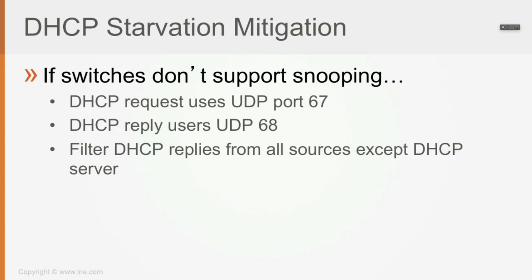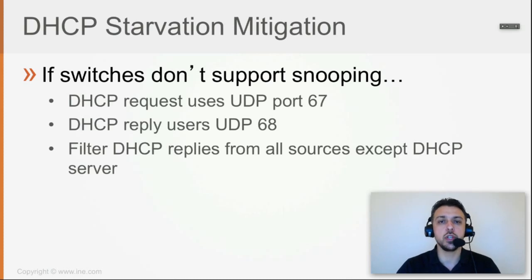So on your switch, for example, if you know that the DHCP server is connected on port 105, then you're going to configure a filter on the switch in that VLAN so that only port 105 is allowed to send inbound DHCP server messages in that VLAN.